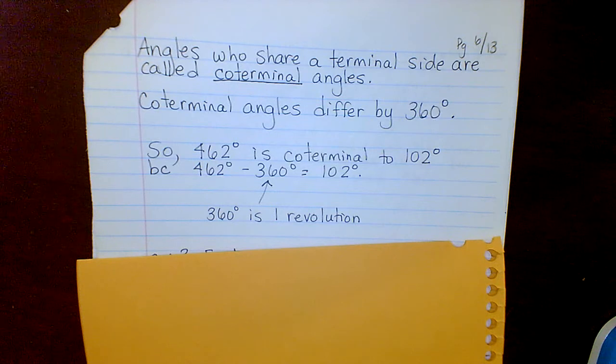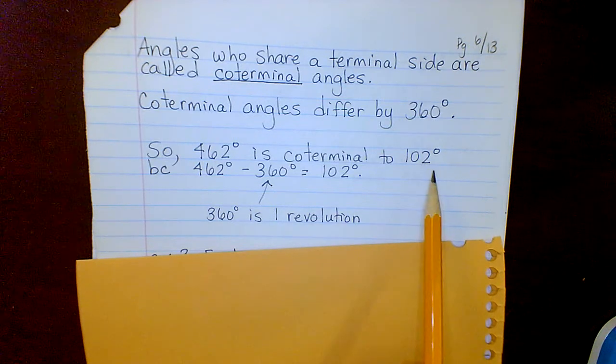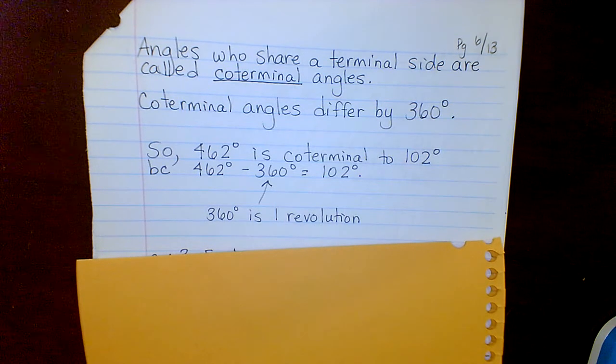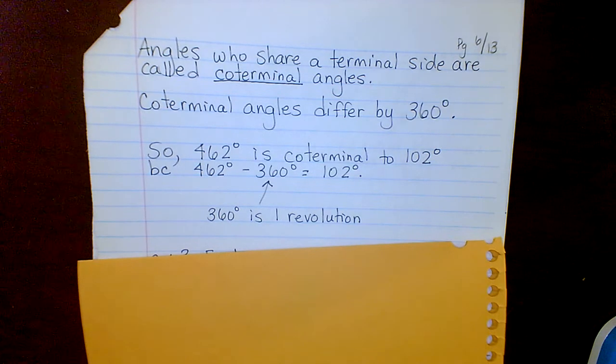So we say 462 is coterminal to 102 because they differ by 360 degrees. It means that if you were to sketch 102 degrees, and if you were to sketch 462 degrees, you can't tell the difference. There's just an extra revolution in there. Their initial and terminal sides are the same.